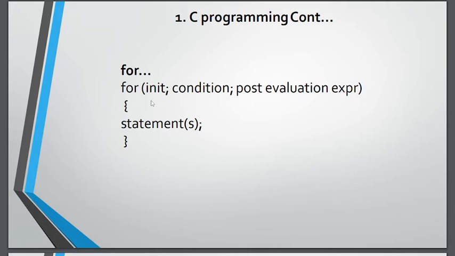This is the syntax of for. We have for in brackets initialization, then the condition to be met, and then the post evaluation expression. It can either be i++ or i--, then a statement is executed. As long as the condition is true, the statement is executed until the condition is no longer met.